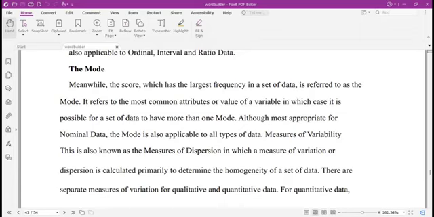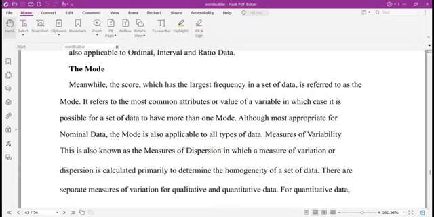It refers to the most common attribute or value of a variable, in which case it is possible for a set of data to have more than one mode. If you have two modes, you can call it bimodal.